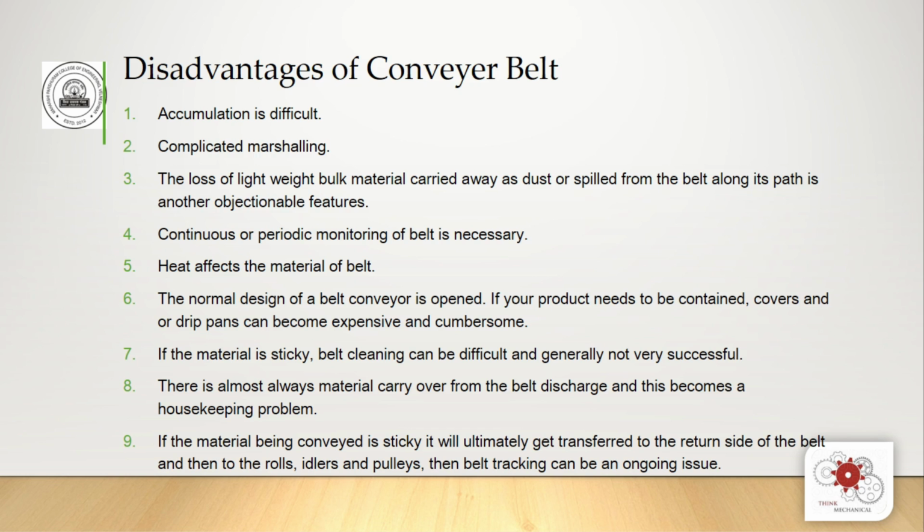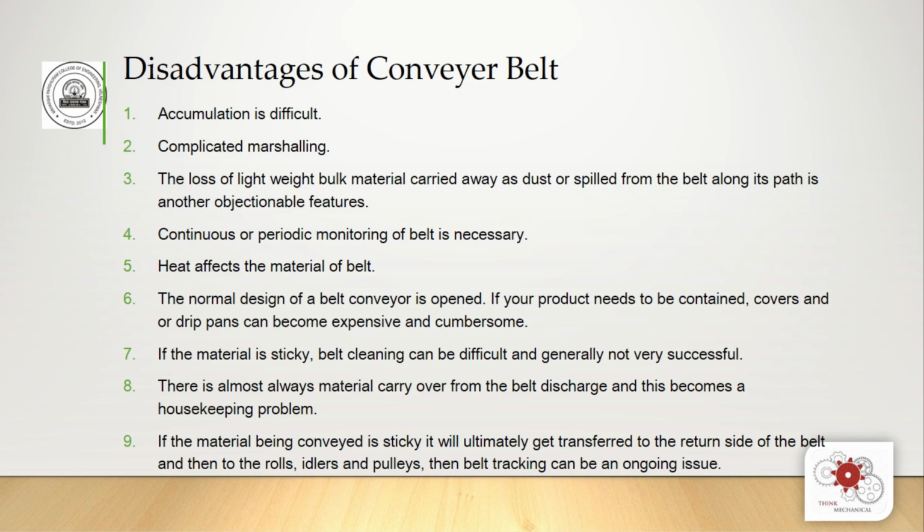Just like we have said, if there is any moisture content, it will be absorbed in the rubber and it will affect the life of that belt. So that's why periodic monitoring is required. It is not necessary to take the belt under maintenance, but we have to periodically check if there is any damage or not.